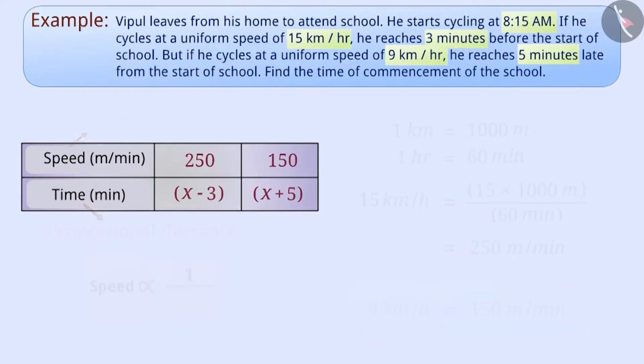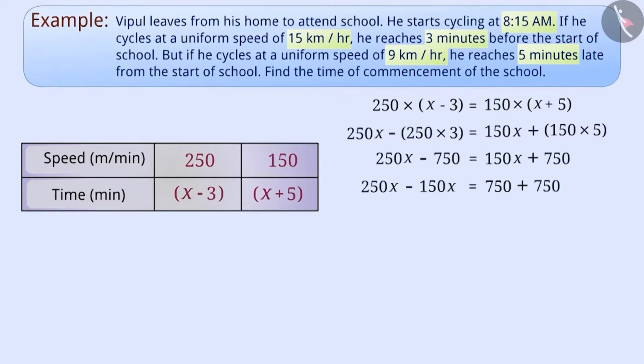In case of inverse proportion, 250 into (x minus 3) is equal to 150 into (x plus 5). On solving this, we will get 100x equal to 1500, that is, x is equal to 1500 by 100, which is equal to 15 minutes.